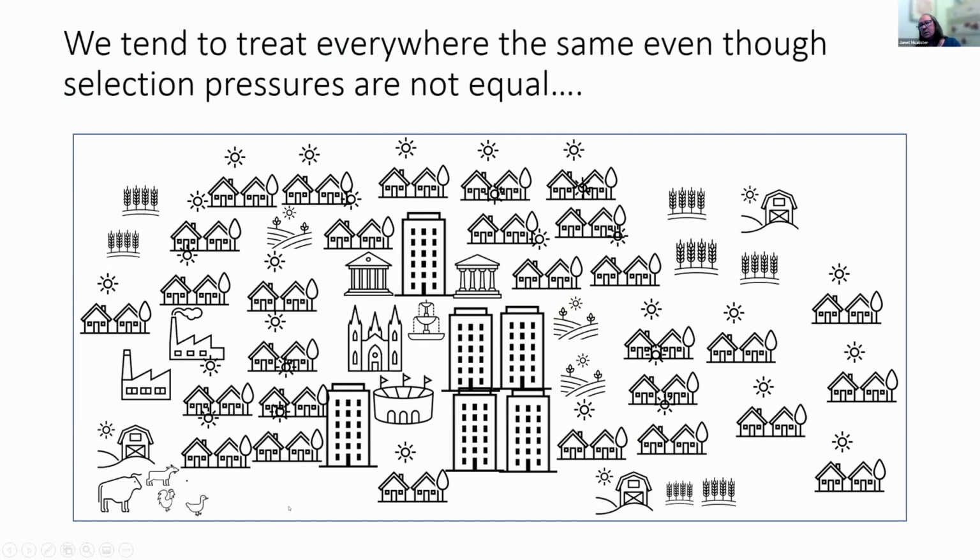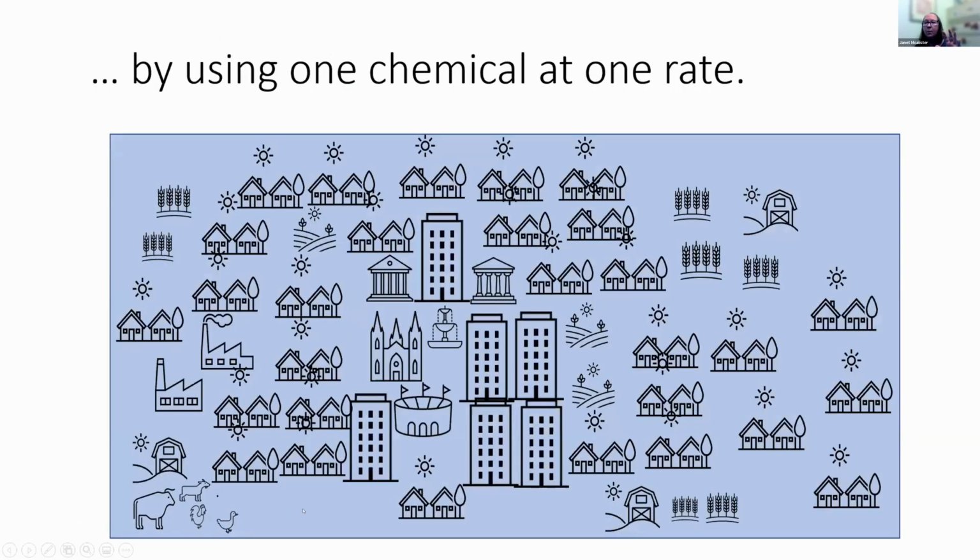And what we tend to do is to blanket everything using one chemical at one rate everywhere equally, whether there's resistance detected or not. It's much easier to do that, and it can be much cheaper. So your country program could say, this year we're going to buy this product, and everybody's going to use it equally everywhere.